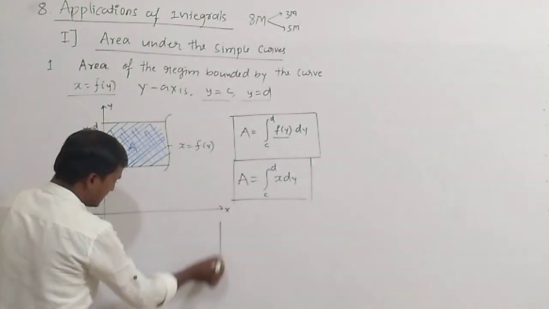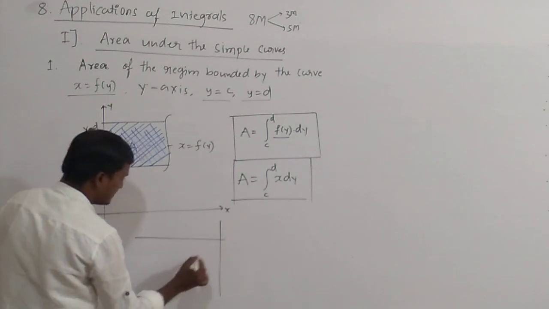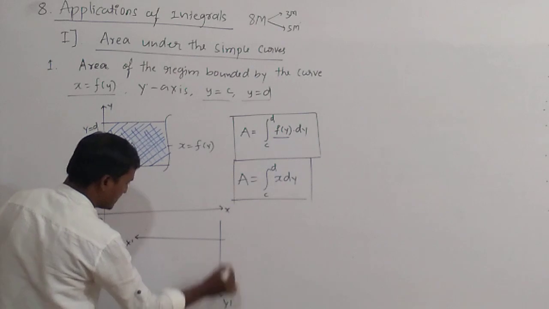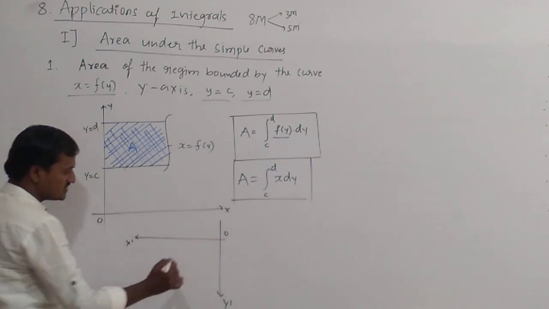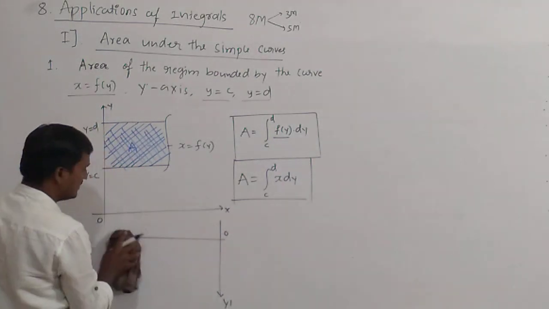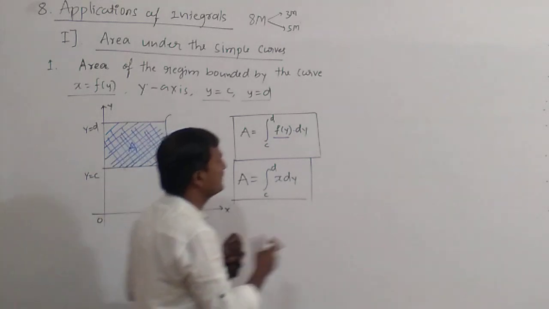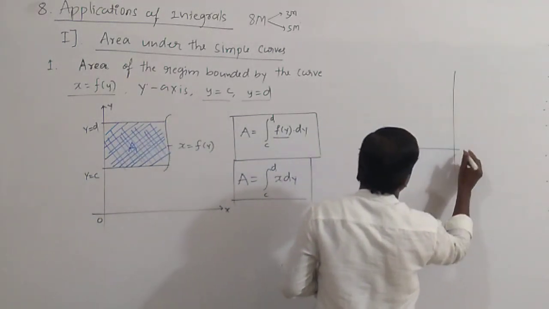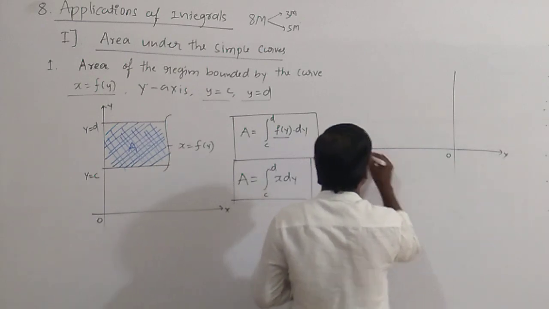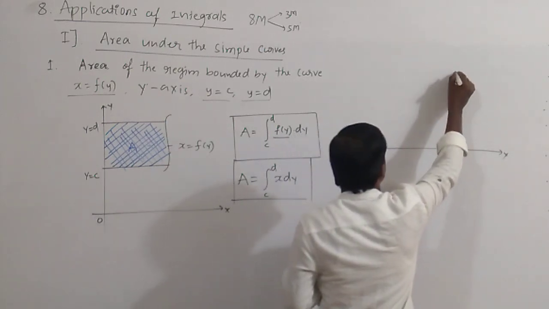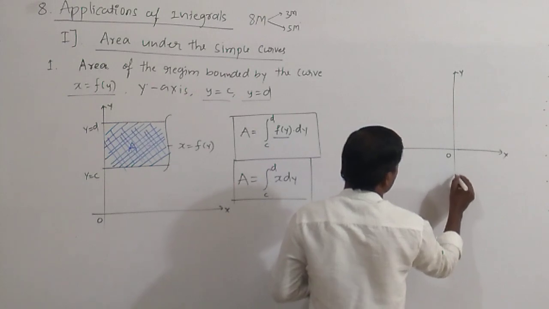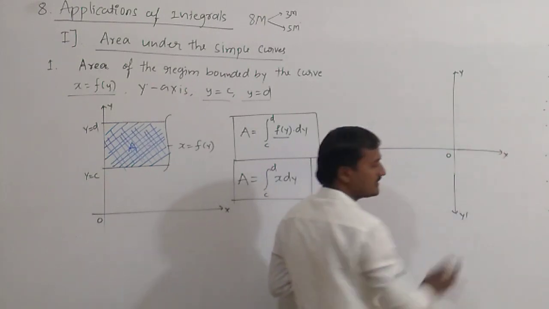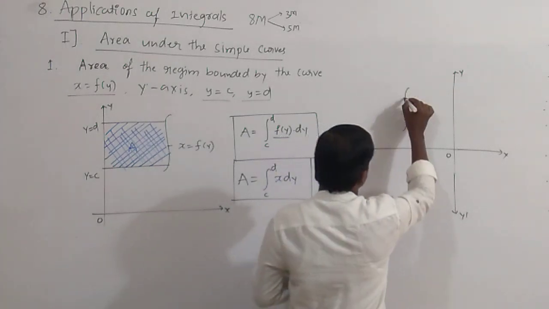Similarly, if it is like this, here it is x dash, here it is y dash, and here it is the origin. Instead of lying to the right side of the y-axis, sometimes the area may lie here, right?